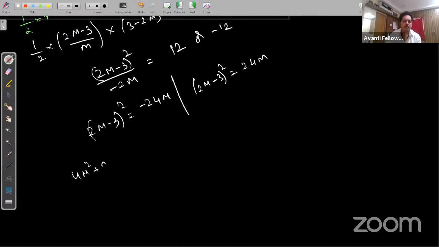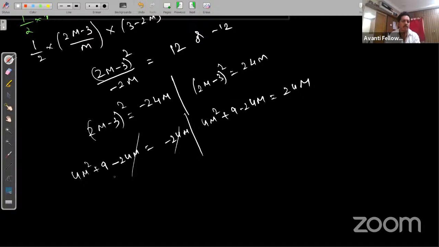It is 4m square plus 9 minus 24m is equal to minus 24m. And here also you will get 4m square plus 9 minus 24m is equal to 24m. So here what is happening? The 24m and minus 24m are getting cancelled. So what are you left with?